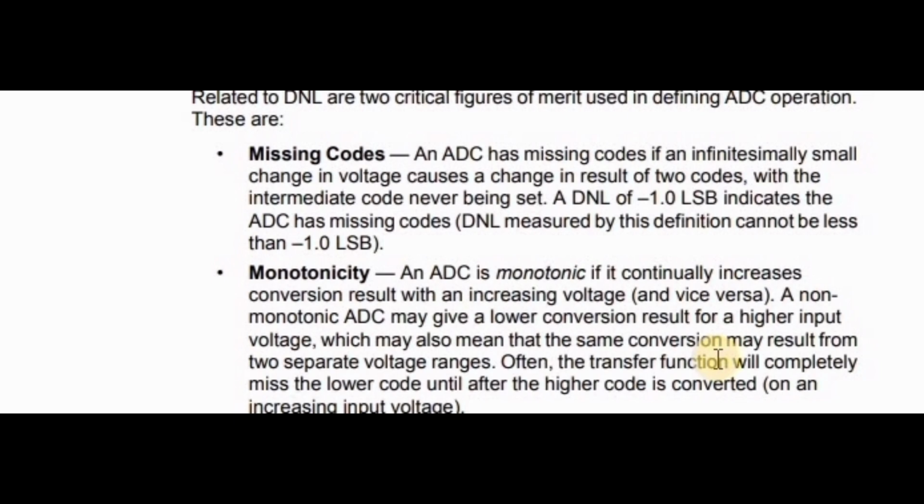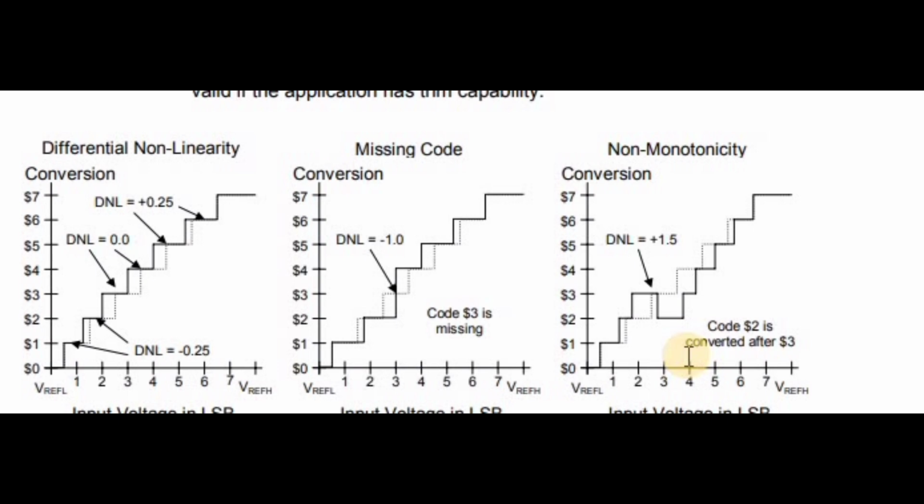Often the transfer function will completely miss the lower code until after the higher code is converted on an increasing input voltage. So this curve represents non-monotonic, and this one is nothing but a differential non-linearity.